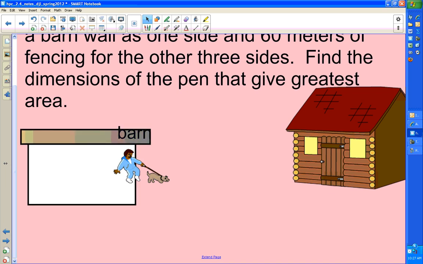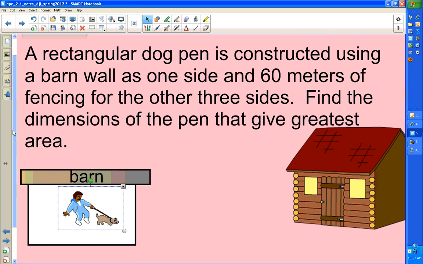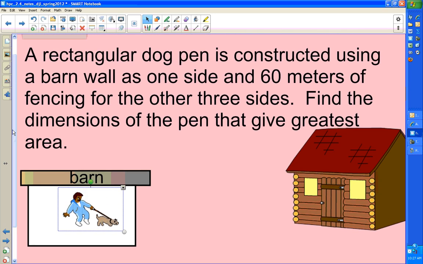What are you going to let? Your let statement is where you define your variables. If you're not sure what a let statement is.